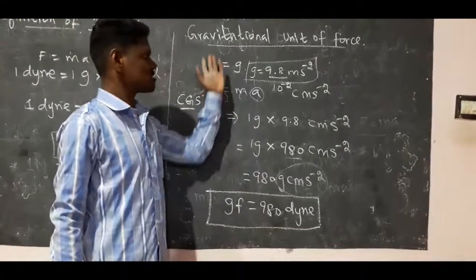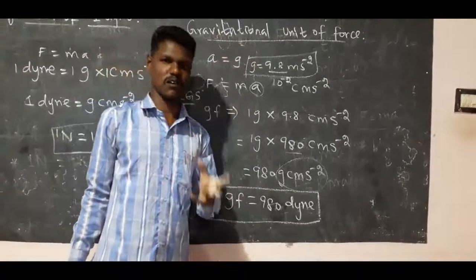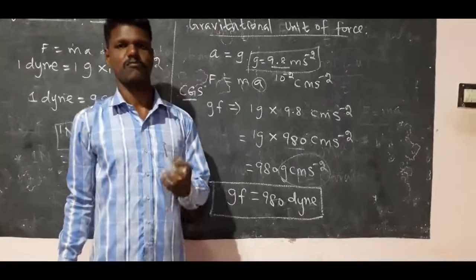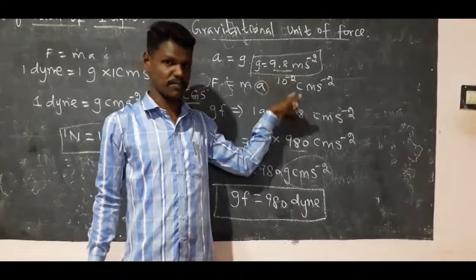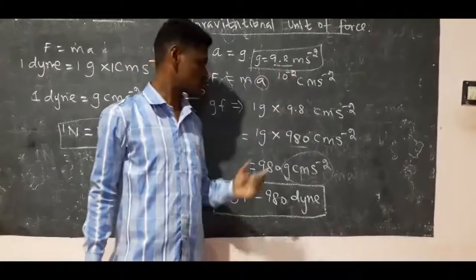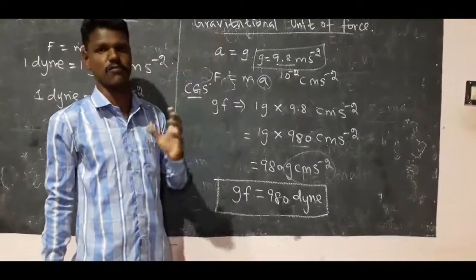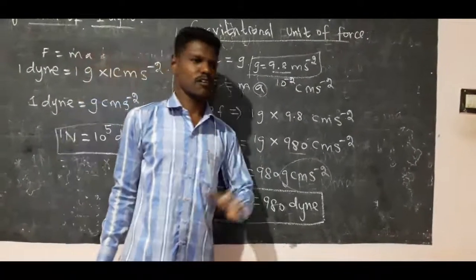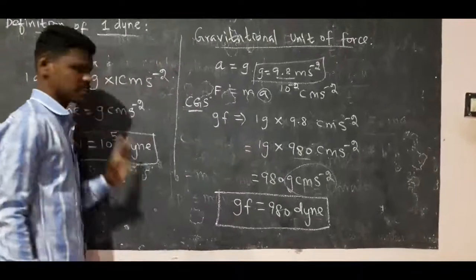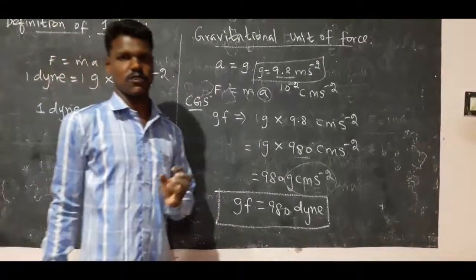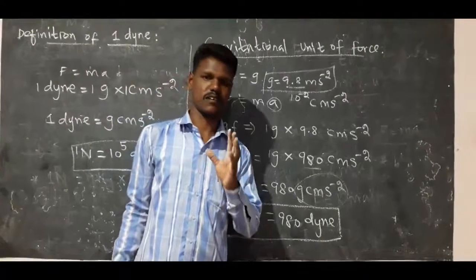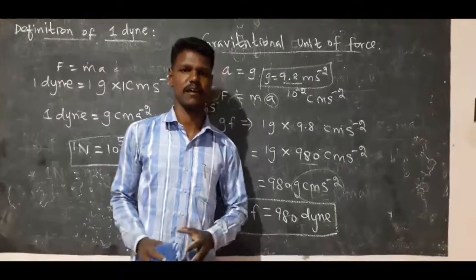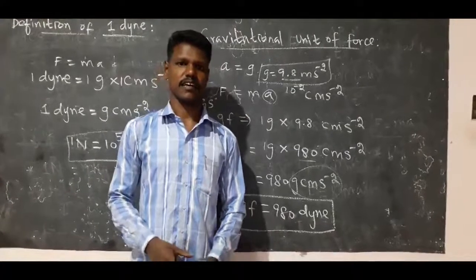So this is the gravitational force, for 1 kilogram or 1 gram of mass to produce the acceleration due to gravity. When we convert, it gives us the gravitational unit of force. So all of this, 1 dyne, 1 Newton, gravitational unit of force, is based on Newton's second law of motion.